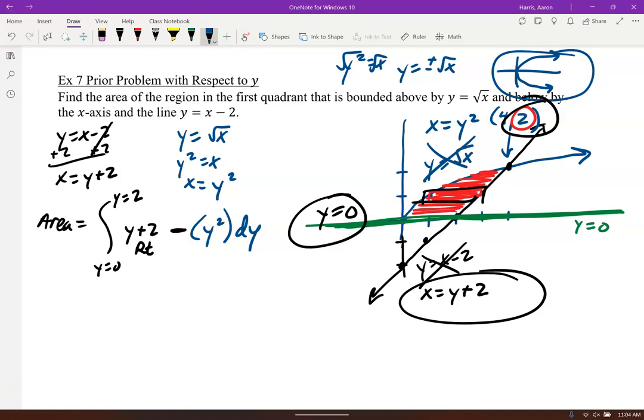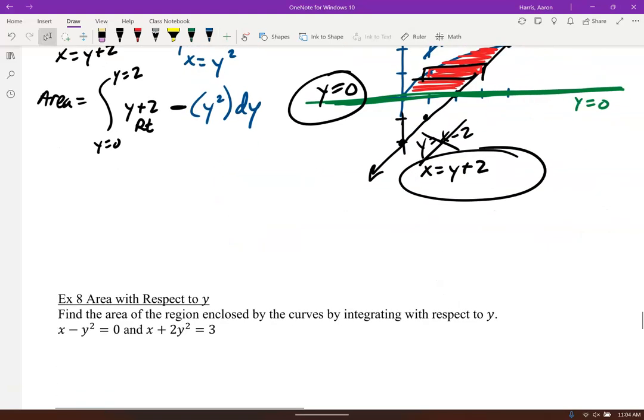And that's all we have, instead of like before where we had to add up two different ones because we had to stop it at 2, since we had a different top and bottom situation. Well, we had the same top, but a different bottom on those. So this is a little cleaner for this one. So I got negative y squared plus y plus 2 dy from y being 0 to y being 2.